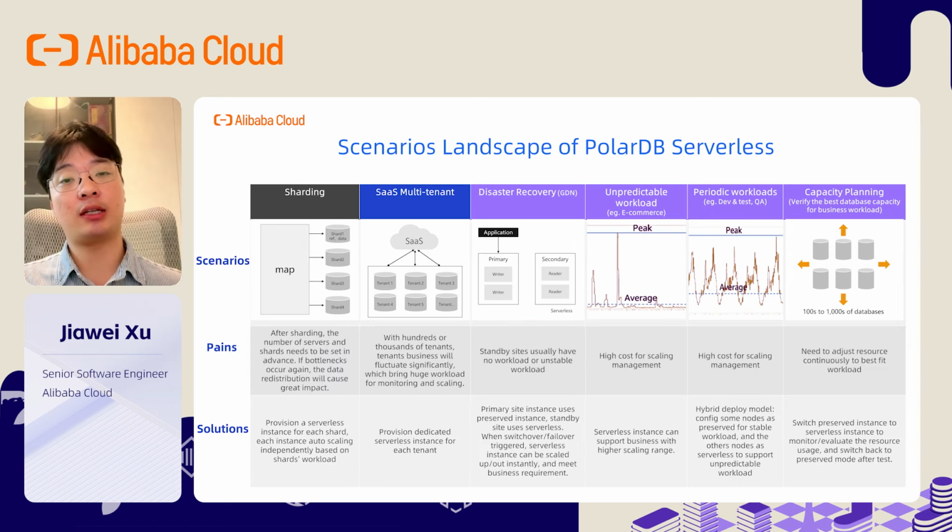Let's give some examples. For a sharding cluster, we provision independent serverless instances for each shard, enabling auto-scaling based on specific workload needs and simplifying management. In SaaS multi-tenant environments, serverless provides dedicated instances per tenant, efficiently handling fluctuating workloads without manual intervention.